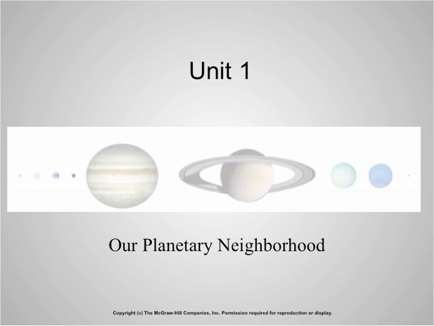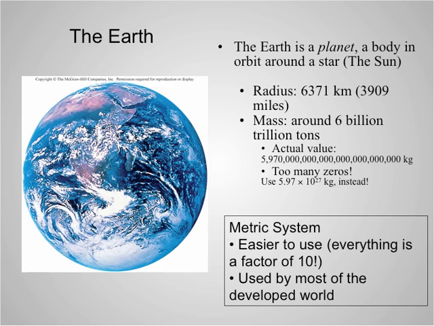So to begin with, let's take a look at our planetary neighborhood. This is our home planet, the Earth. Some facts about it appear on this slide. In kilograms, it's almost absurd to write all the place values needed to express the actual mass of the Earth.